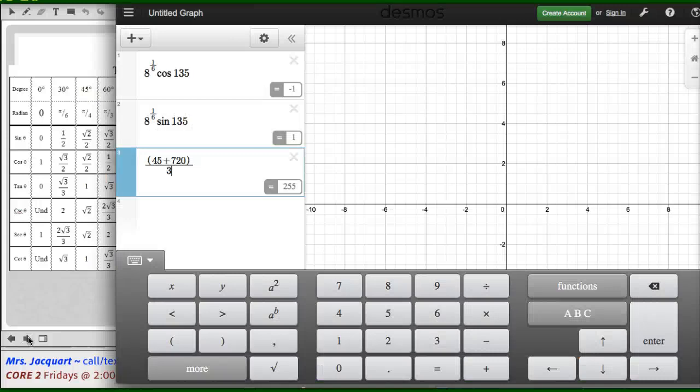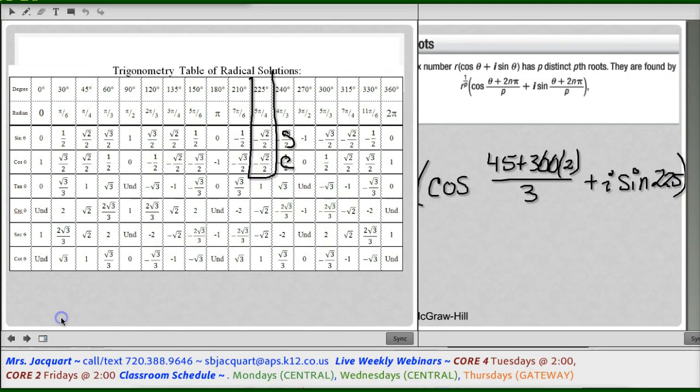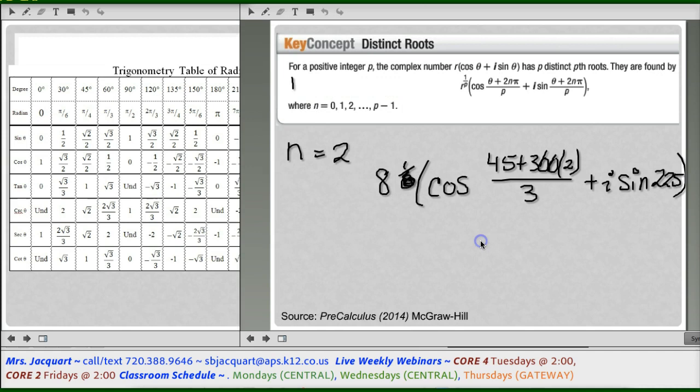But we're going to plug it into the calculator because that's easier. 225 for my cosine, 225 for my sine. -1, -1. So this becomes -1 minus 1i.